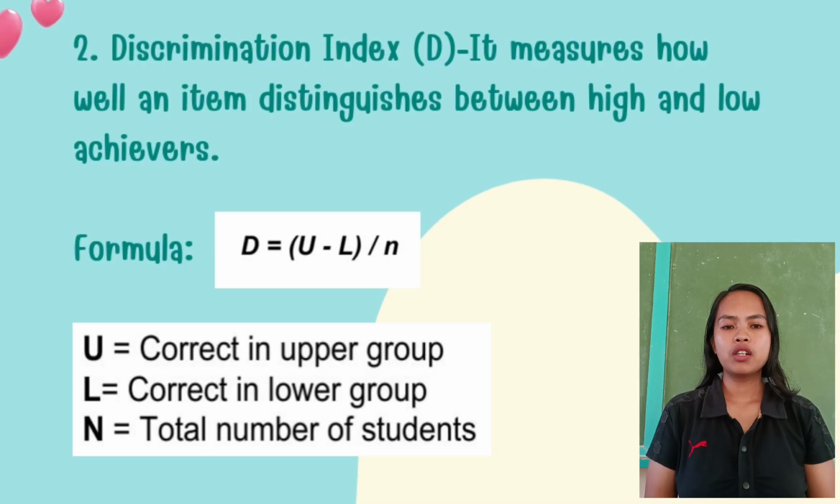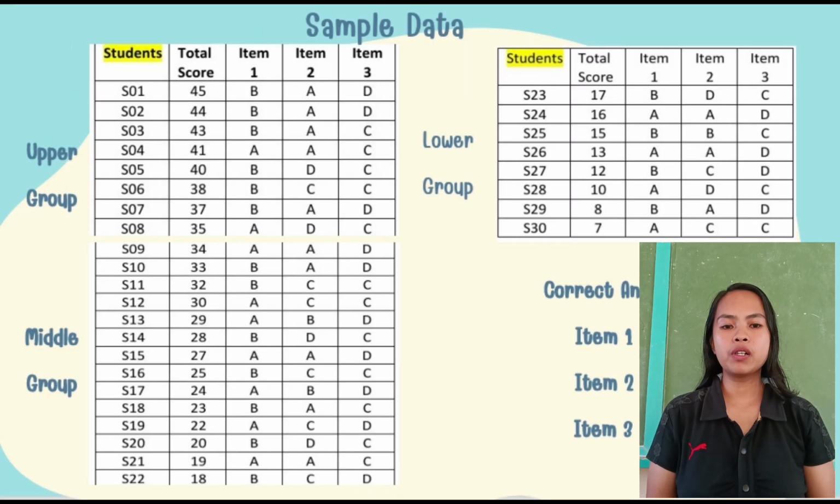So there are 8 students who belong to the upper and lower group. So that's why the N here is 8.